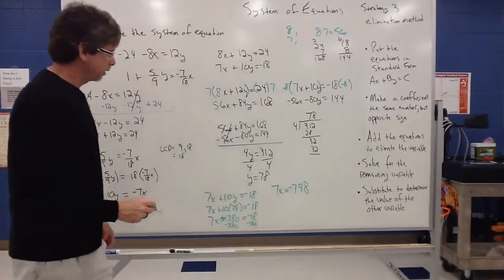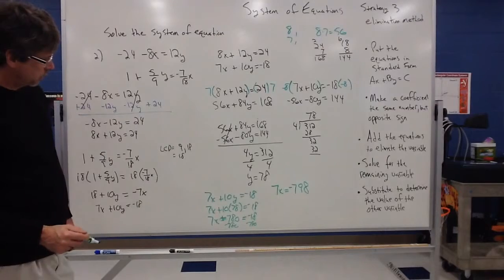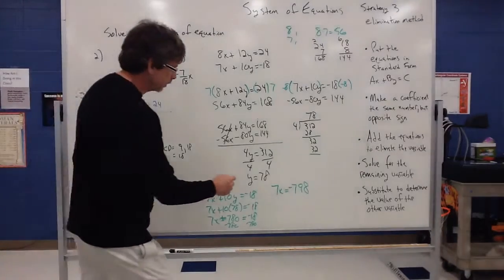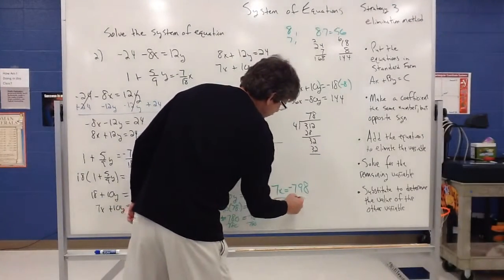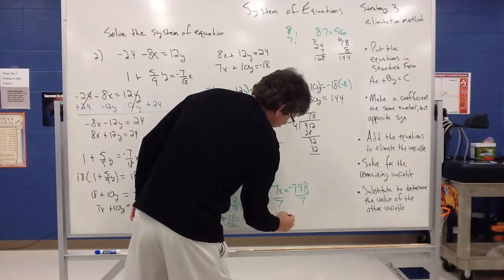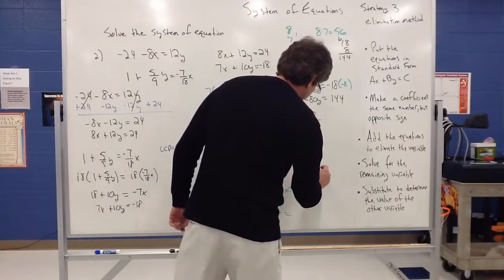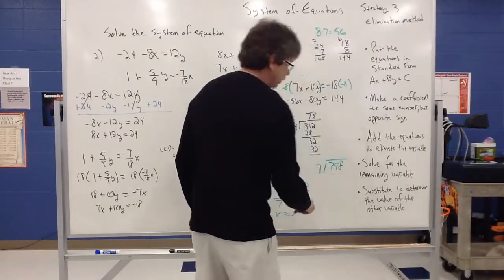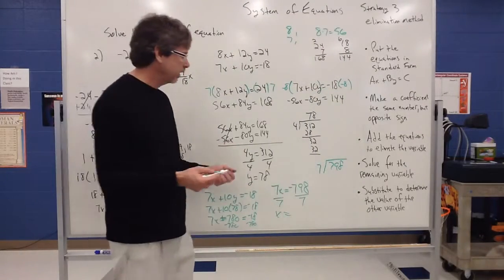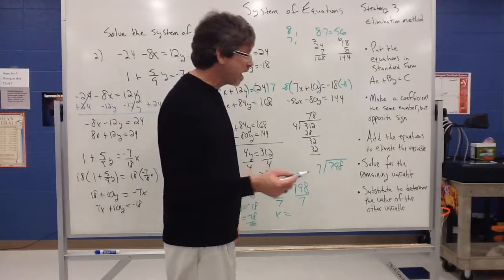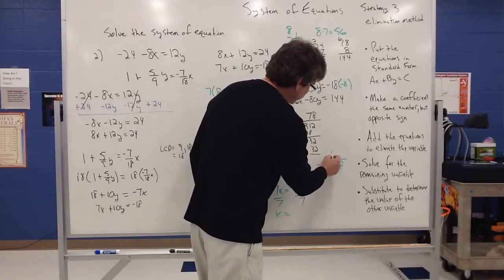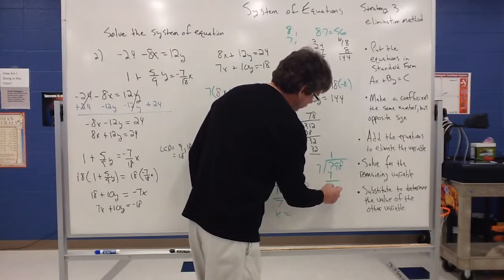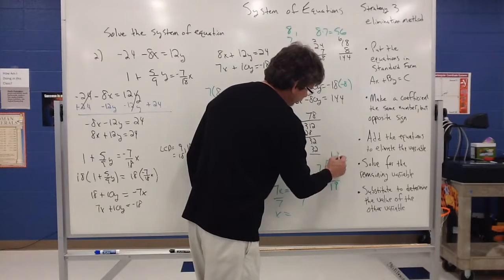So I've got that math. And then I have to get x by itself. Divide each side by 7. X equals, looks like I have to do 7 into 798. Again, feel free to use your calculator there. I just can't seem to find mine right now. So 7 goes into 7 one time. 7 goes into 19 twice.